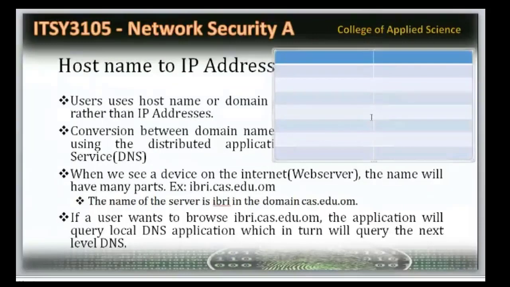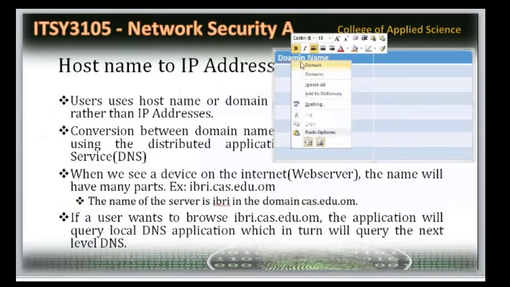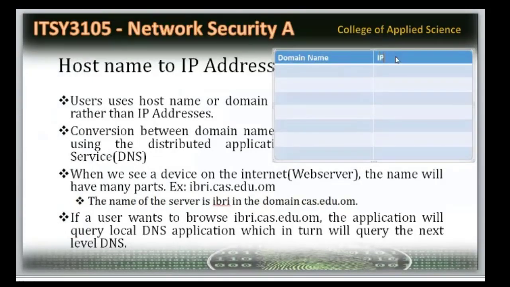The DNS machine is going to keep all the domain names, and for each domain, the IP address will be registered, or saved, in this machine. For example, soor.com is the name of a domain. For this there will be an IP address, and this IP address will be saved.